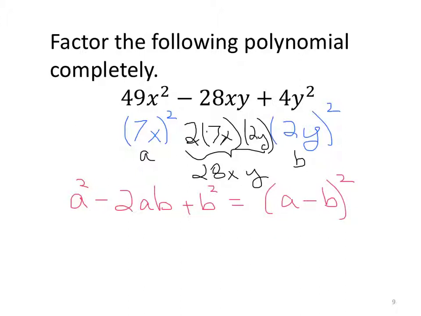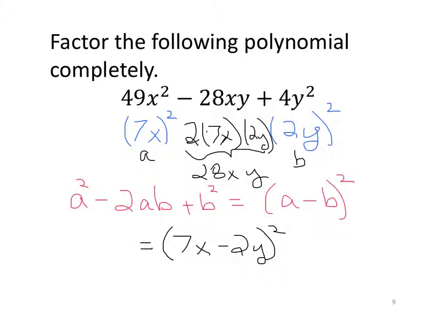So it's easy to factor once you decide first that it is a perfect square trinomial, and second that you know what a and b are. So the answer to this one is simply a minus b, 7x minus 2y squared. And then if you're not sure about that, you can FOIL it out and you'll see that it does equal what we started with.